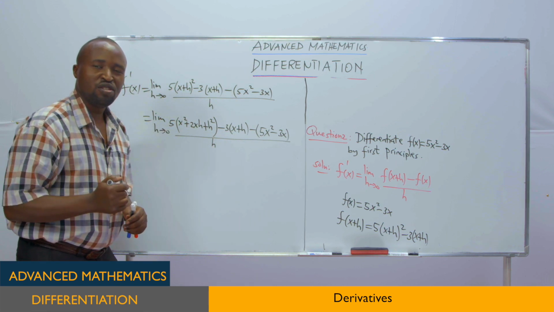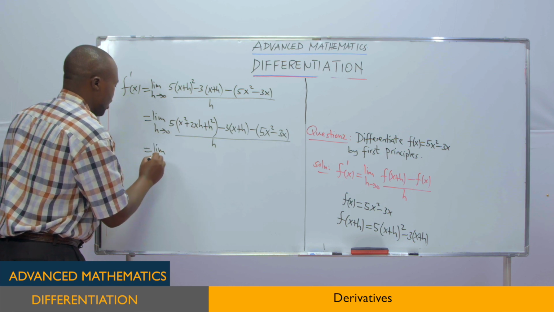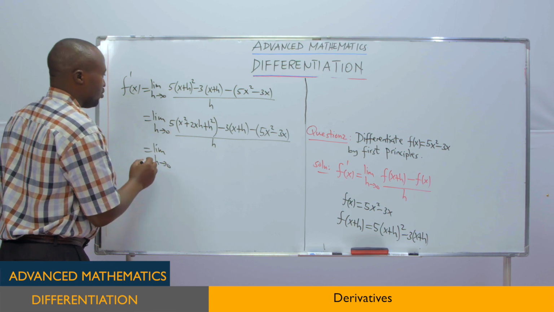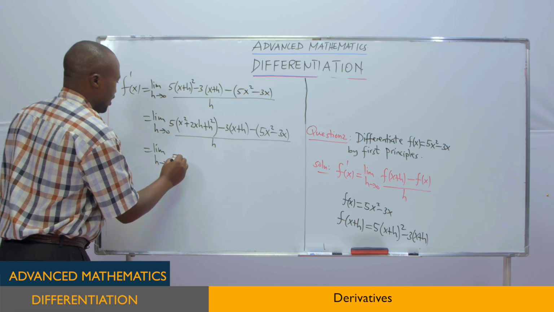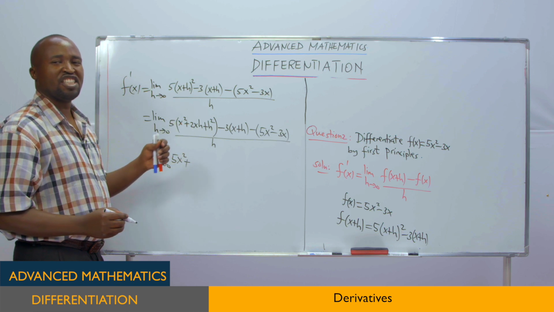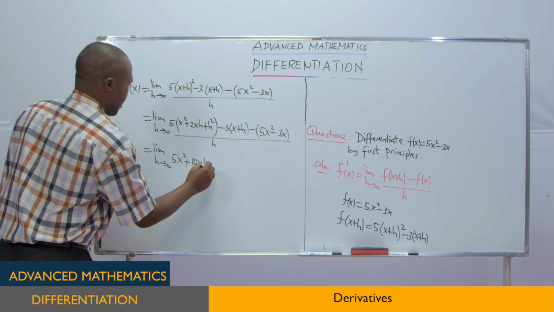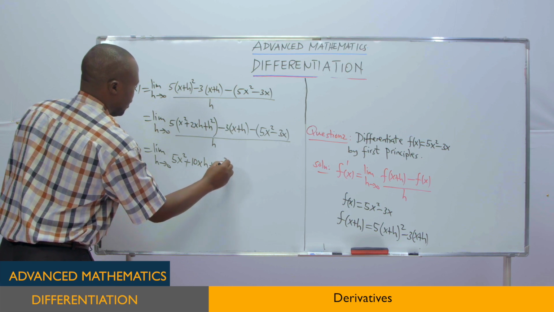Now it is time to open up the brackets. That is the limit of, as h approaches 0, we are going to have 5x squared plus 5 times 2xh, that is 10xh, then plus 5h squared.